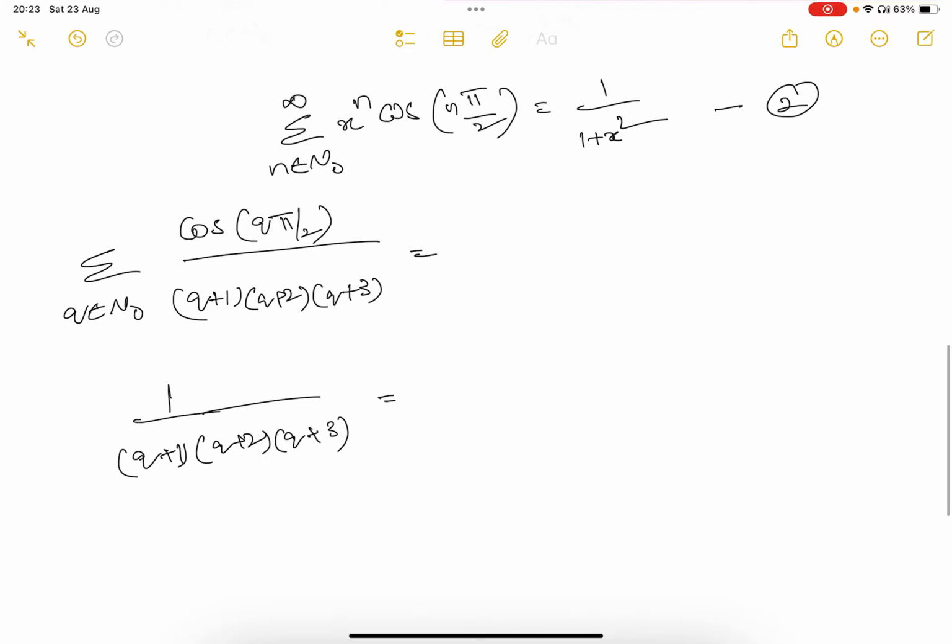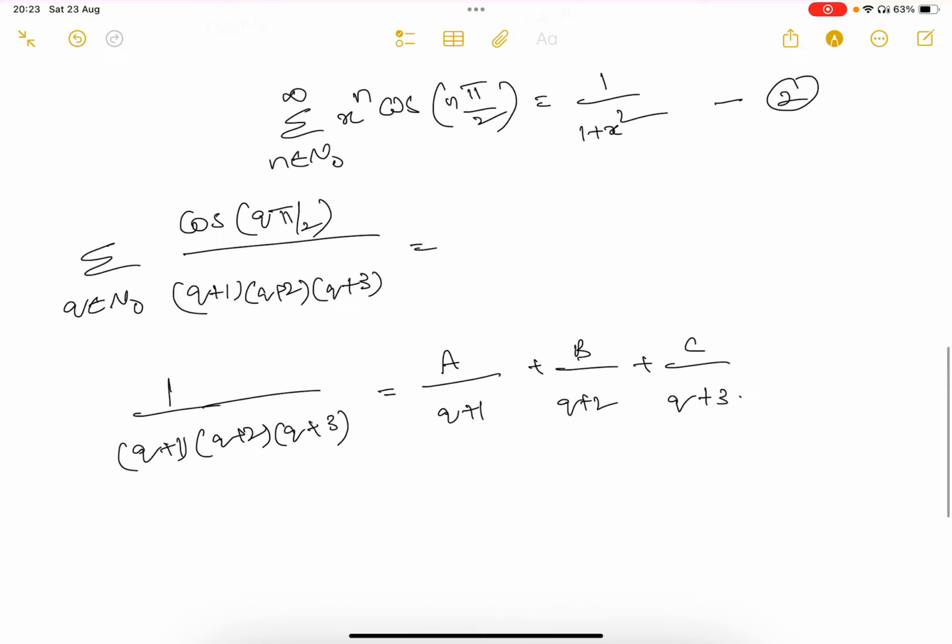Using partial fractions, you can write a by q plus 1 plus b by q plus 2 plus c by q plus 3.